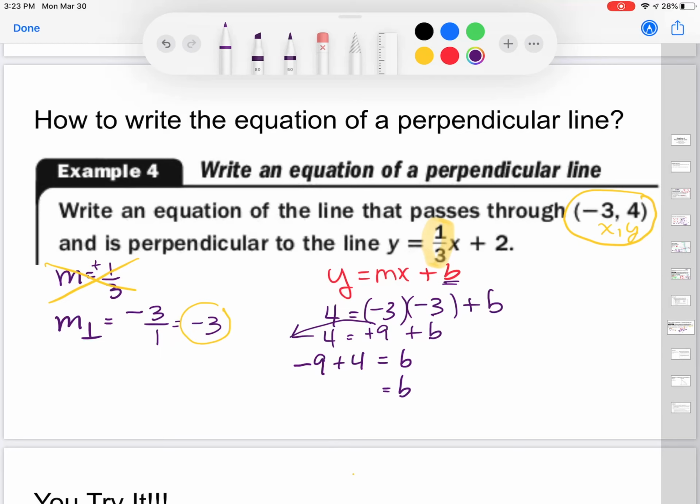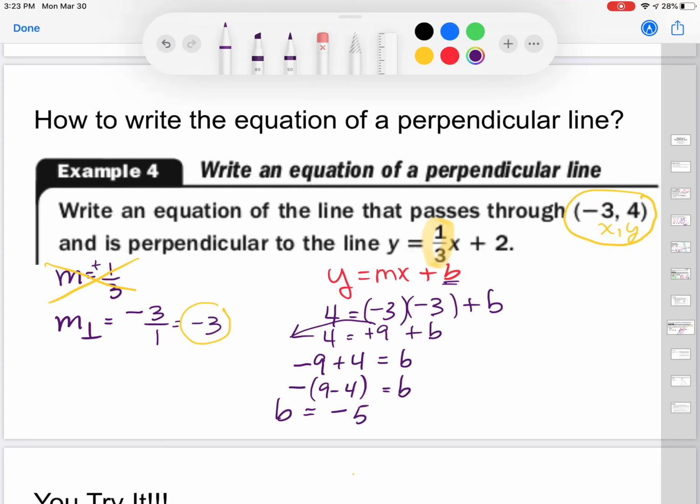To add integers that have unlike signs, you simply subtract the two, and you give it the sign of the larger number, 9, which is negative. So 9 minus 4 is 5, and it is -5. I'm going to put the b on the left-hand side because I like to write my variable on the left.